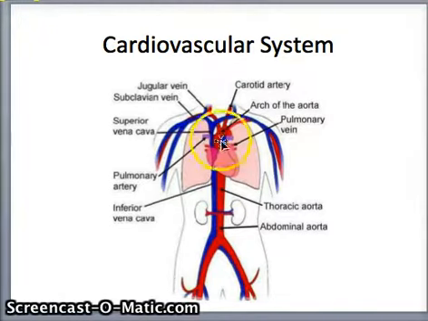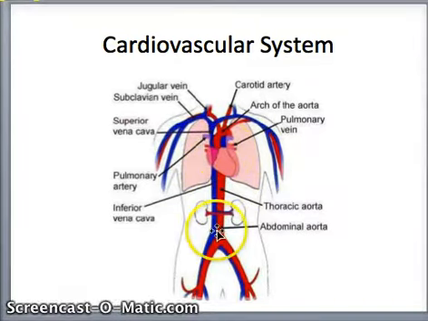So our cardiovascular system is composed mainly of our heart, our blood vessels, and you can include the lungs in there if you want to, because the whole point of blood is to move oxygen around the body through these arteries here, and then bring carbon dioxide back to the lungs to get rid of it via the veins.